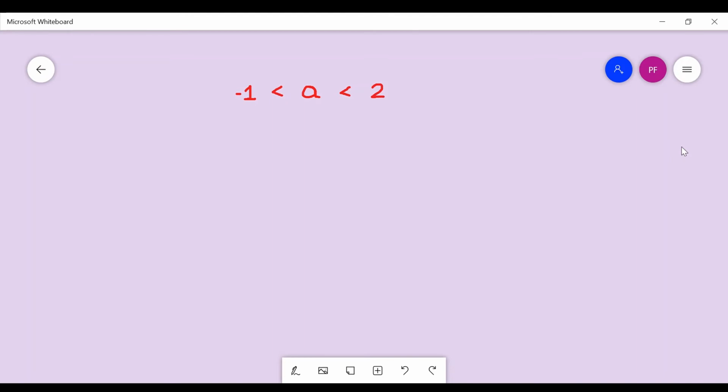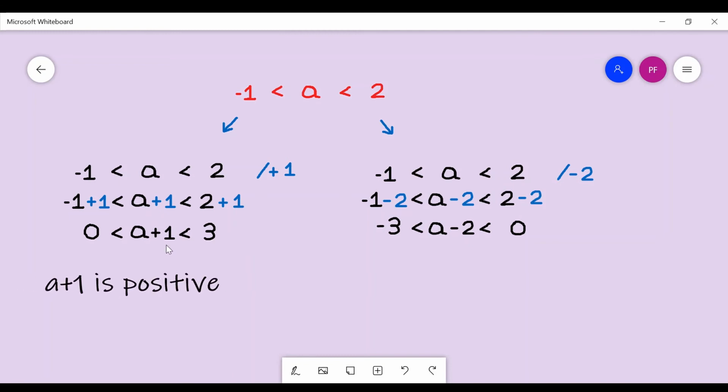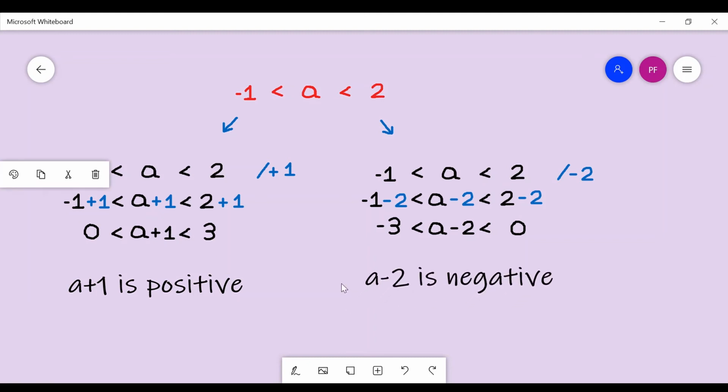For example, in our case, a is between -1 and 2, and if we add 1 and subtract 2 in our inequality, we get that a plus 1 is between 0 and 3, and a minus 2 is between -3 and 0, which are negative. So a plus 1 is positive and a minus 2 is negative.